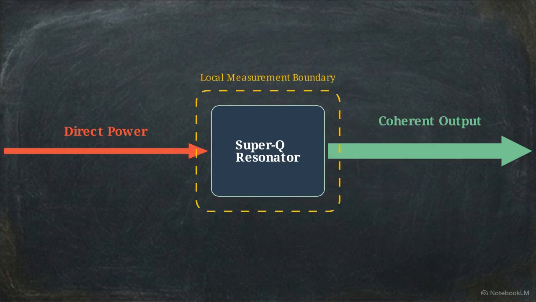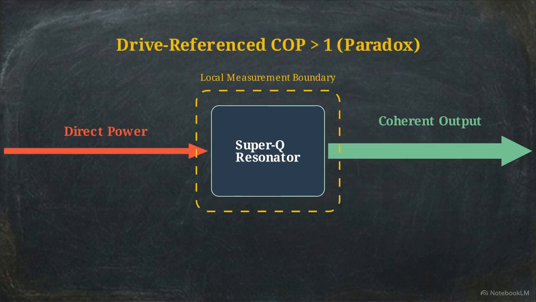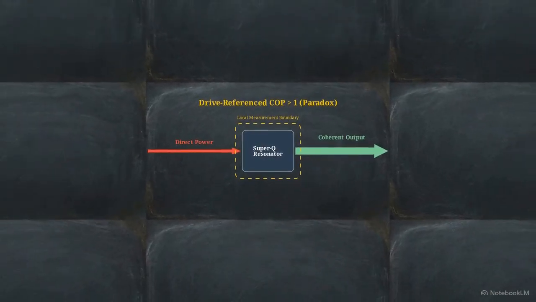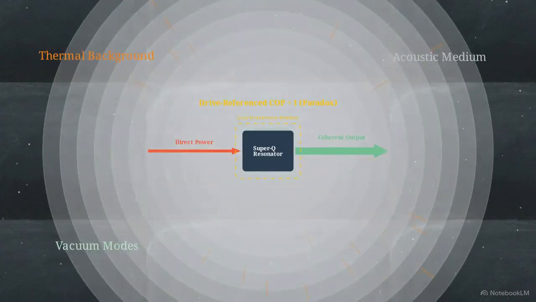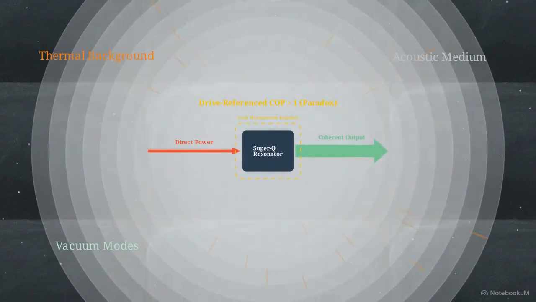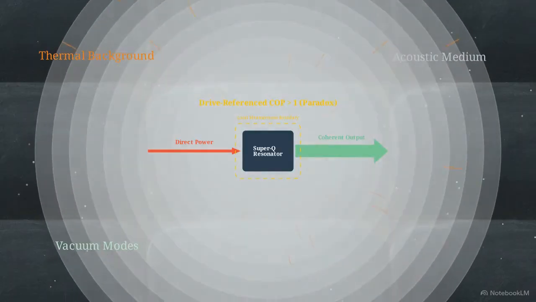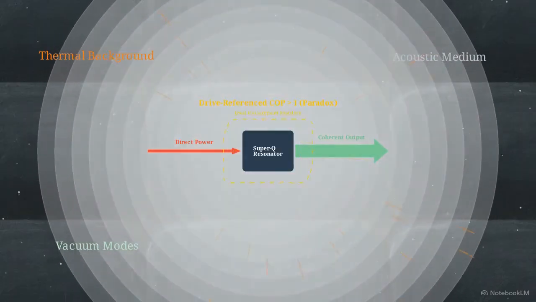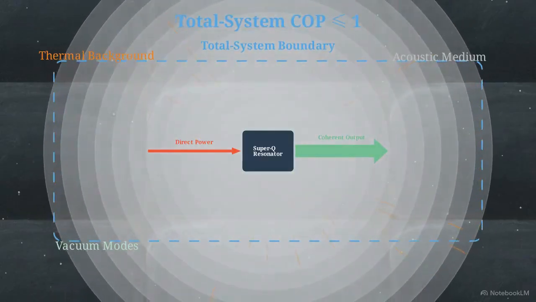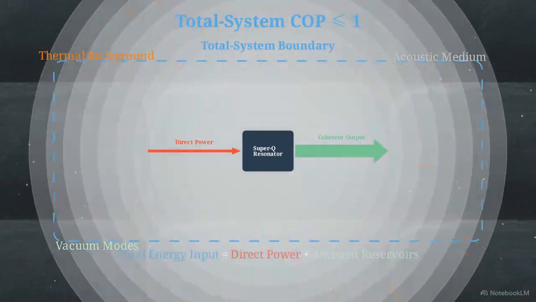Standard efficiency analysis only measures a drive-referenced COP, drawing a restrictive box that only counts the direct power cord plugged into the wall and the final output. When we shift to open system thermodynamics, we have to expand the accounting boundary. We must include the massive ambient reservoirs the system is actually interacting with, the thermal background, the acoustic medium, and the surrounding vacuum modes.